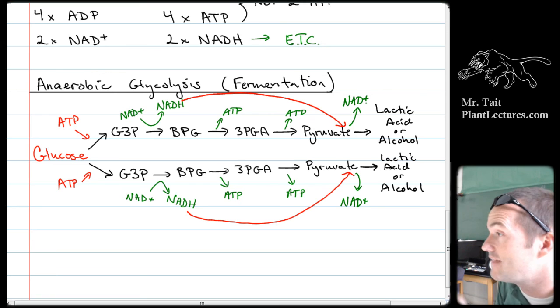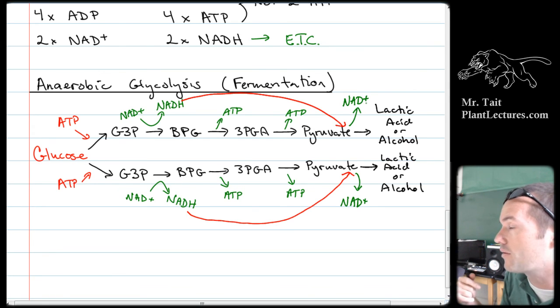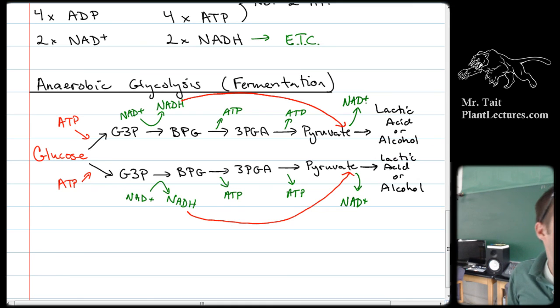Yep, in this step, yes. In anaerobic respiration, rather, pyruvate's going to get broken down a bunch more, and it's going to be good that it does that because it's going to get a lot more energy out of it. But in anaerobic respiration, there's no other stages that it can go through, so it just has to get rid of that pyruvate, and it creates lactic acid or alcohol in order to do that.